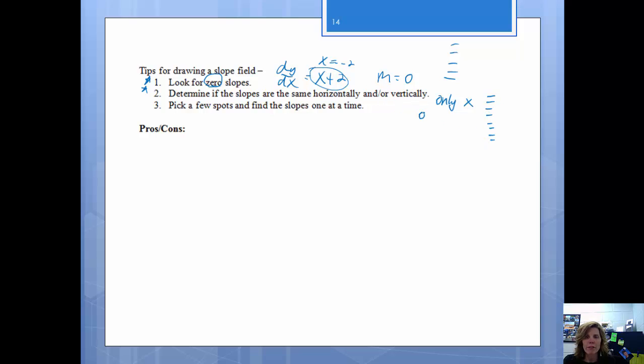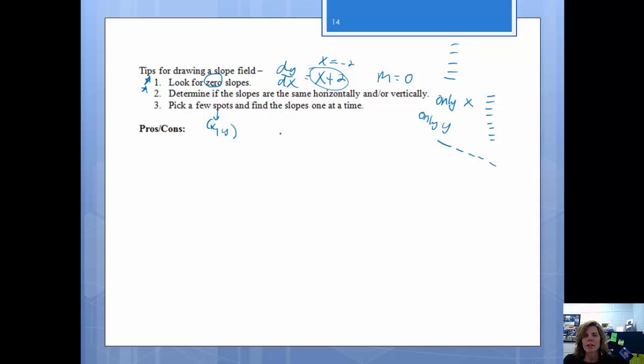And then if there's only a y in the equation, we would only have slopes that are 0 going across. And the last thing, pick a few spots or points. So we're going to pick some x, y values if there aren't just x's or just y's, and then find the slopes one at a time.